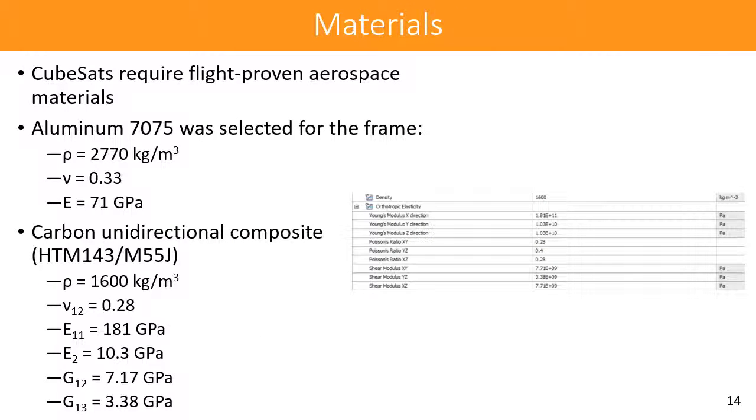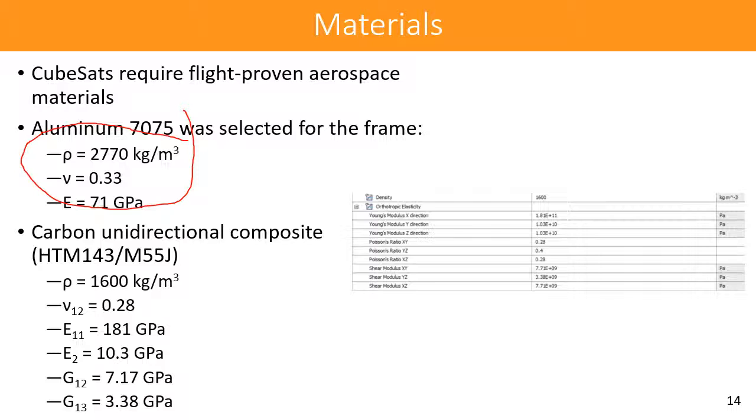CubeSats require flight-proven materials. So for the frame, I selected aluminum 7075, and the relevant properties are shown here. For the structural panels, I selected a carbon unidirectional composite that is also flight proven.